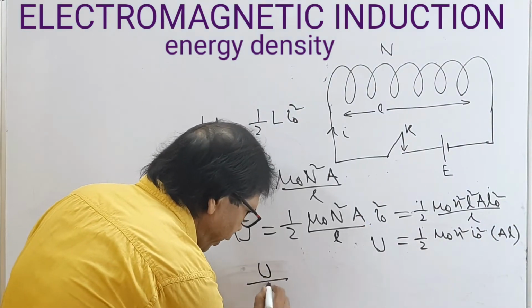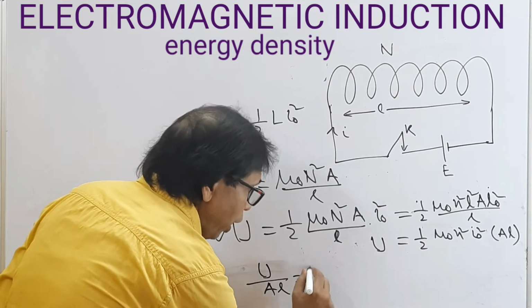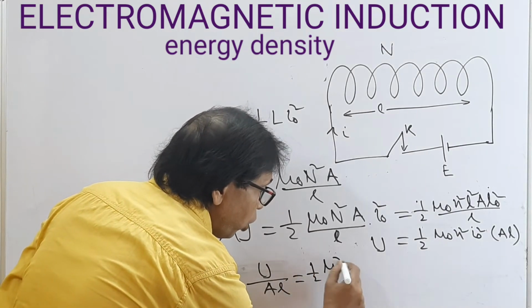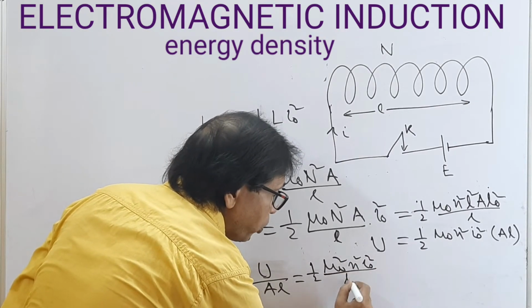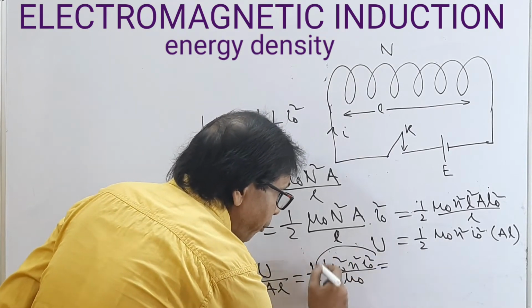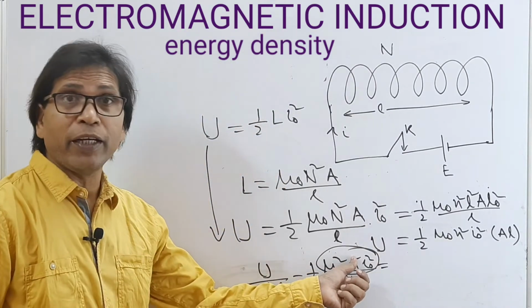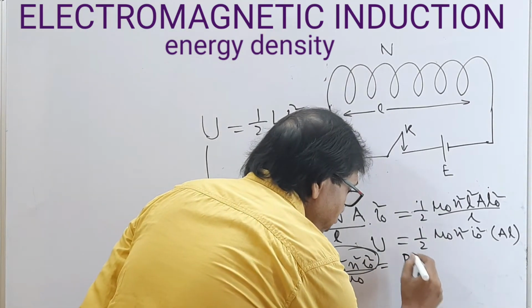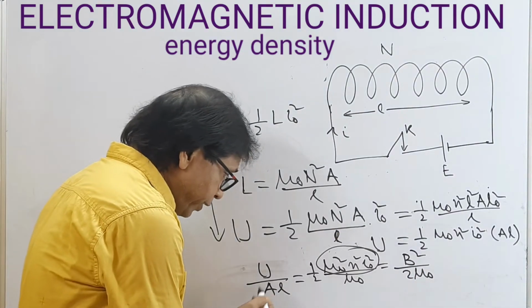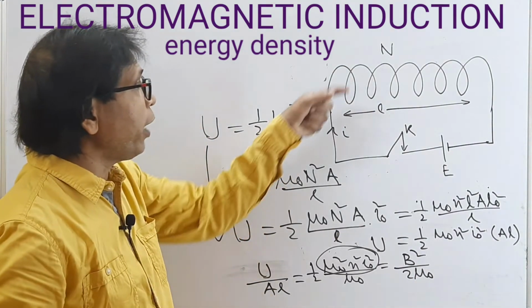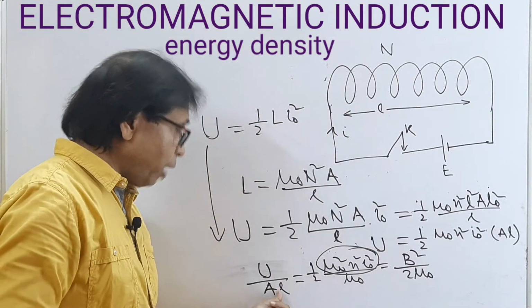U divided by AL equals half mu naught square n square I naught square divided by mu naught. So this is the magnetic field, B square by 2 mu naught. Now this capital A is the area of cross section of the coil, L is its length.